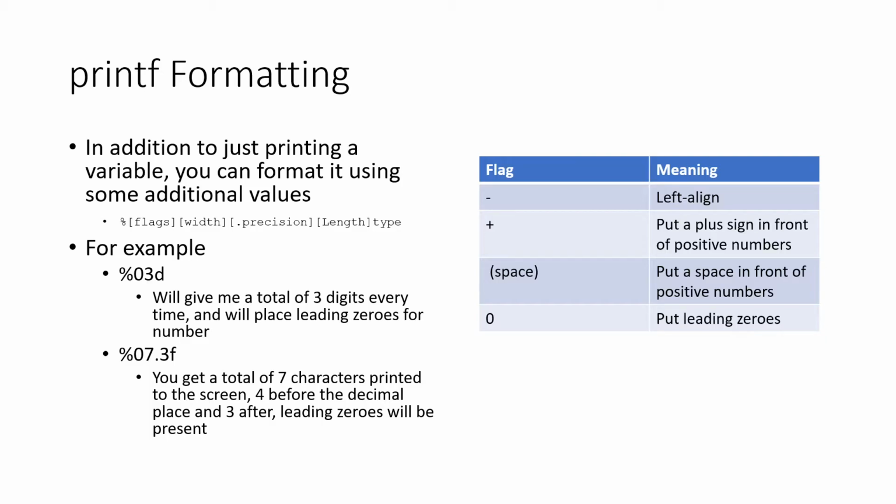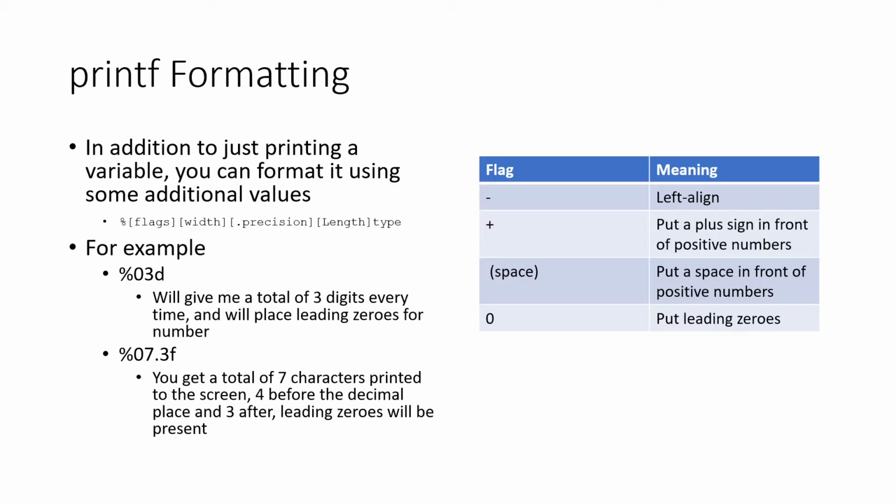You can use the plus to show the positive or negative sign ahead of your variables. Normally it will show the negative, however, if it's positive, it won't show a plus. If you put a space, it'll put a space in front of positive numbers so that it's the same width as your negative numbers. If you put 0 at the beginning, it's going to give you leading zeros. So if you have, say, 1 and we say 0, if we give it a length, it'll add zeros.